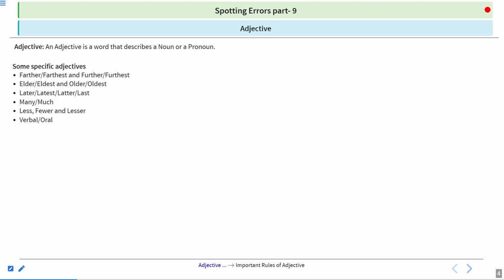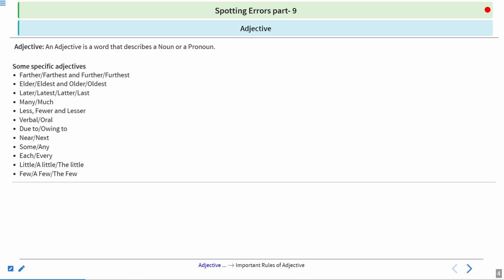Verbal, oral. Due to, owing to. Near, next. Some, any. Each, every. Little, a little, the little. Few, a few, the few. So these are the adjectives. We need to learn all of these. Let's begin.